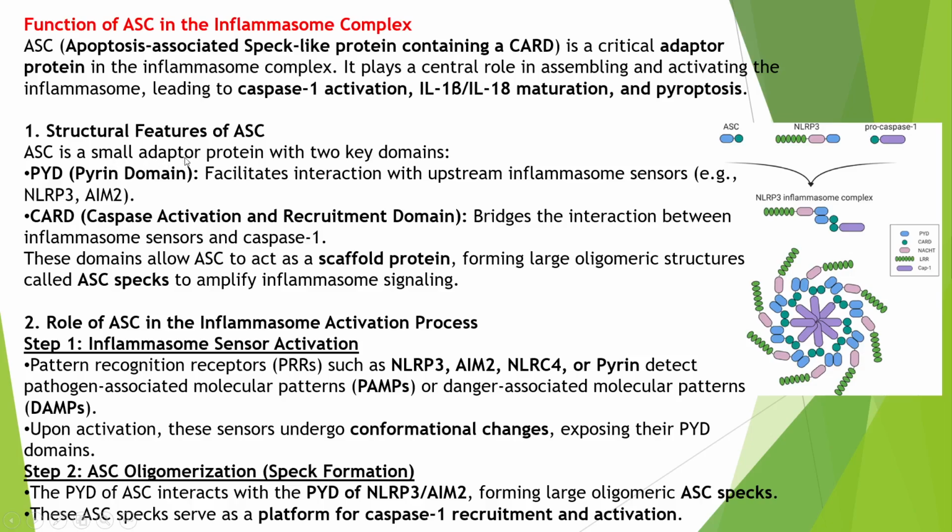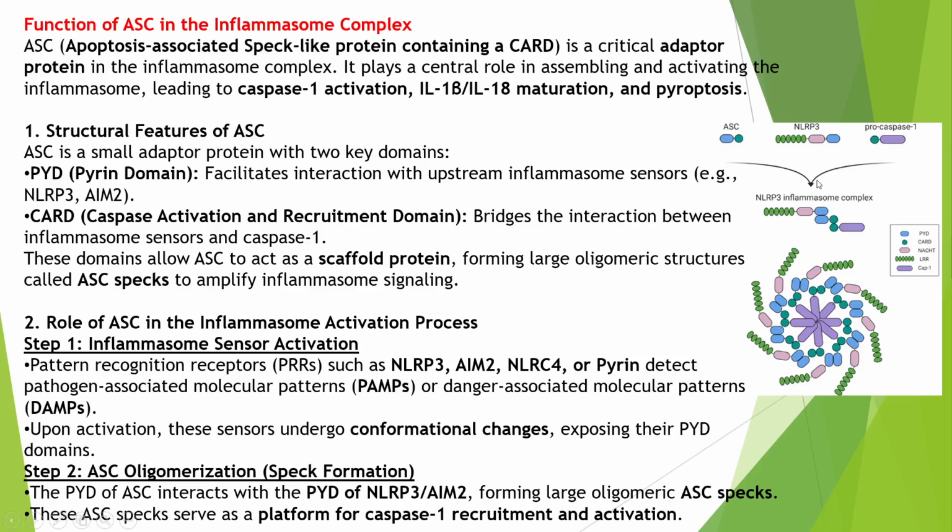Then structural features of ASC. ASC is a small adaptor protein with two key domains, the PYD domain, the pyrin domain, and the CARD domain. The pyrin domain facilitates interaction with upstream inflammasome sensors like NLRP3 and AIM2, and the CARD domain helps in interaction between inflammasome sensors and caspase 1. So you have your ASC, your NLRP3, your procaspase.